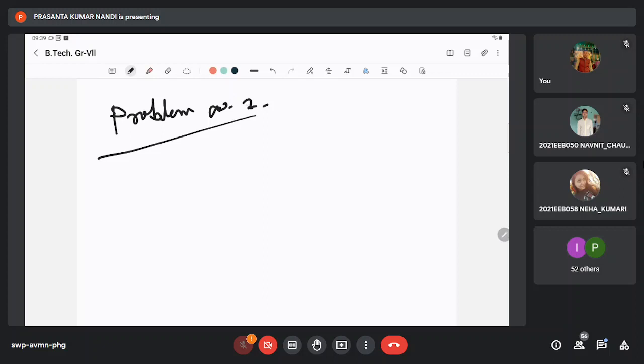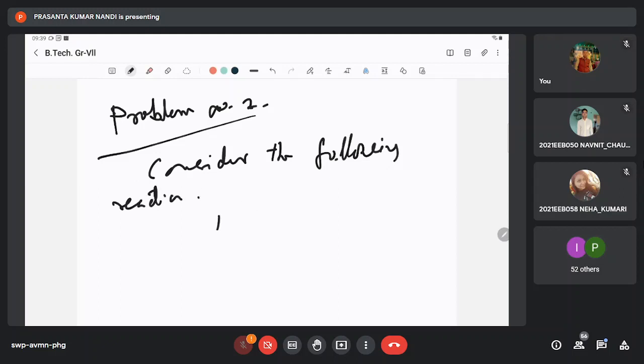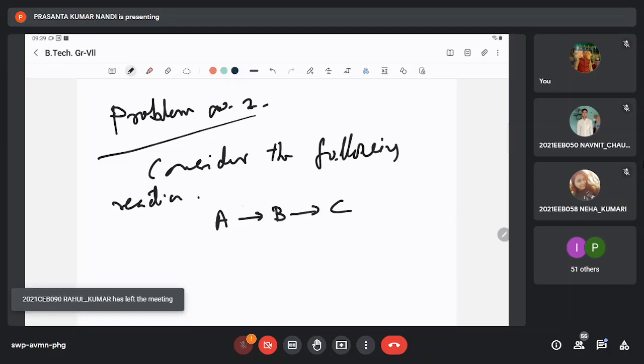The question is that, consider the following reactions, A to B and B to C, that we have considered earlier, right? With say rate constants K1, K2, like that.